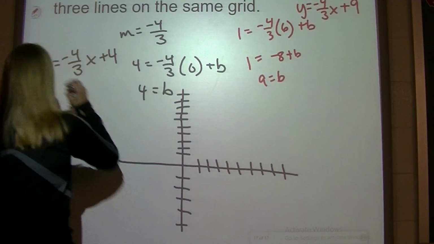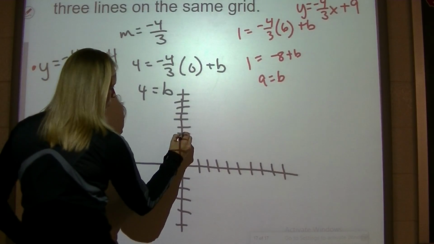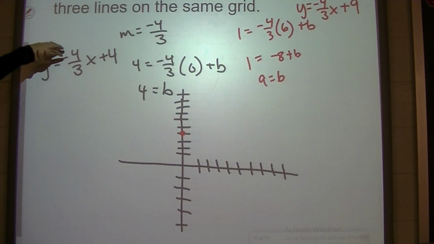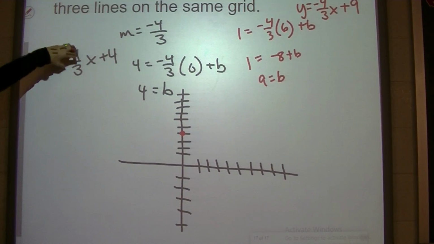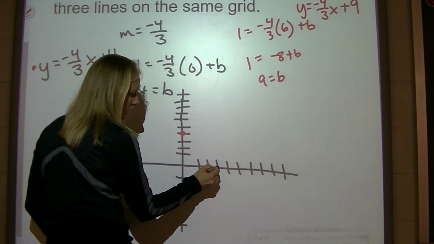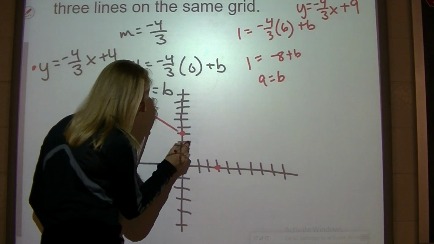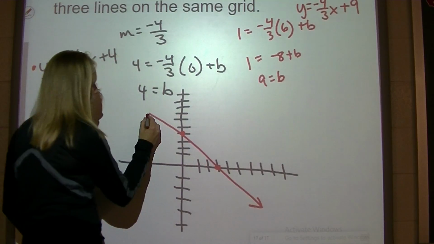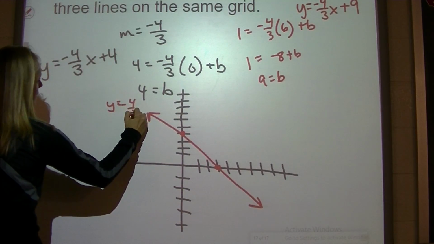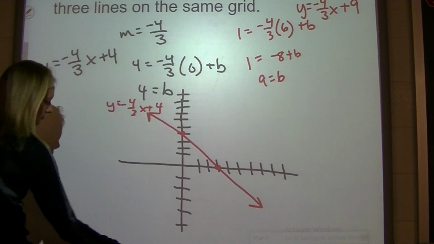I'm going to do this in red. Okay, and then I'm going to use my slope, which is negative 4/3, which means rise over run. I'm going to go down 4 and then to the right 3. 1, 2, 3, 4, 1, 2, 3. I only need 2 points to graph a line. So there's my y equals negative 4/3 x plus 4.